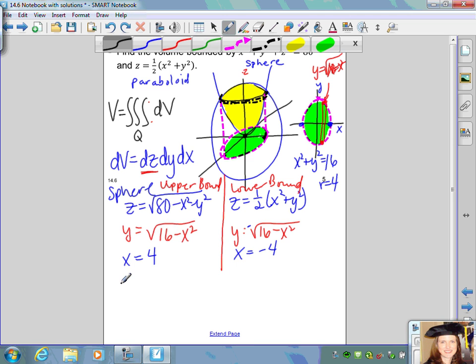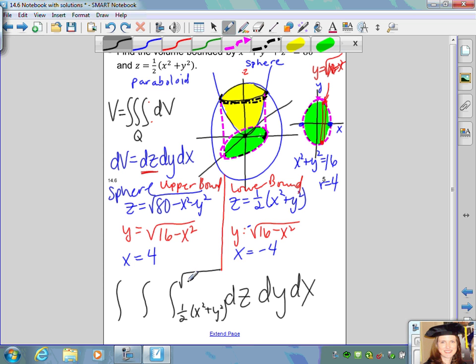So our triple integral can be written as follows for the volume, where the order of the differentials is going to be dz, dy, dx. Your lower bound for z is 1/2 the quantity x squared plus y squared. Your upper bound for z is the sphere, and we solve that for z to get the square root of 80 minus x squared minus y squared.